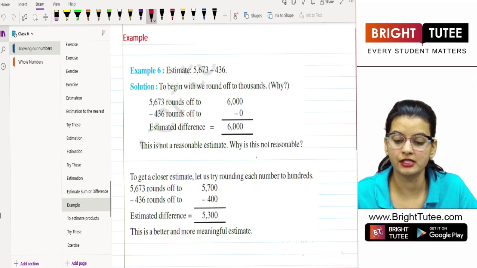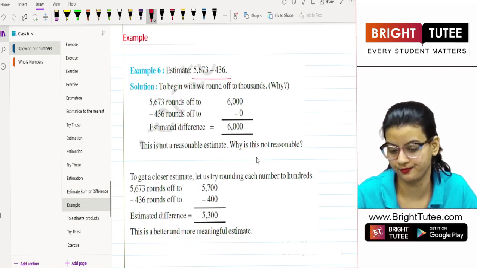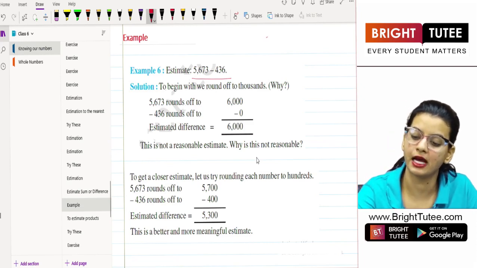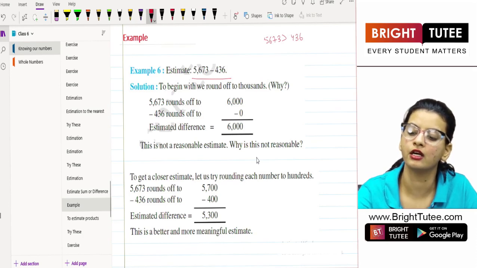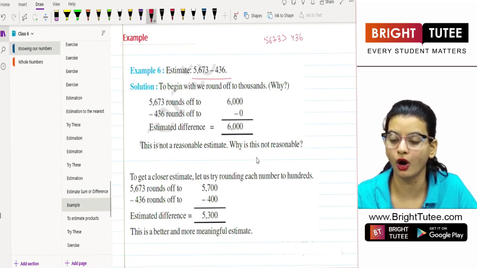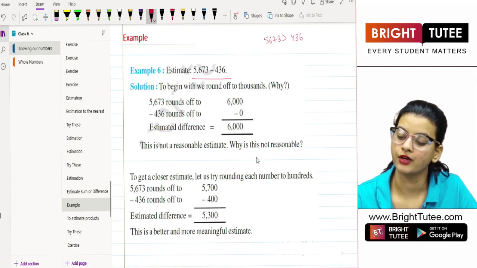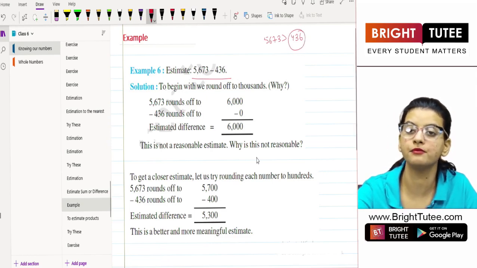Now, estimate 5,673 minus 436. Okay, now we see that 5,673 is greater than 436. I think I am going to round it off to the nearest tens, because if I round it off to the nearest 100, then 436 will become 0.